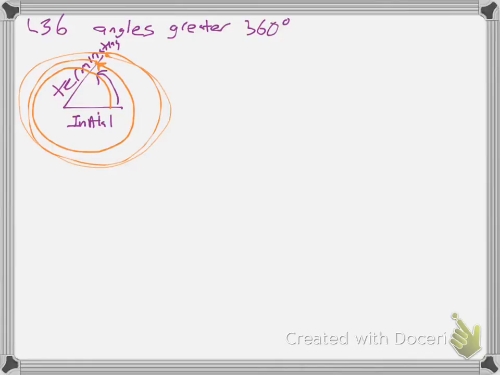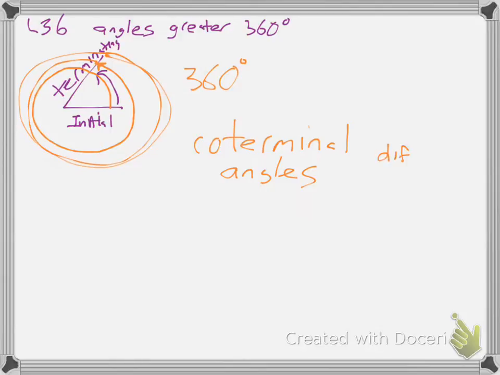If I go around again, I'm still facing the same direction, but they all differ by 360 degrees. We call that coterminal angles. Coterminal angles, guys, differ by 360 degrees, whether I add to it or subtract from it.